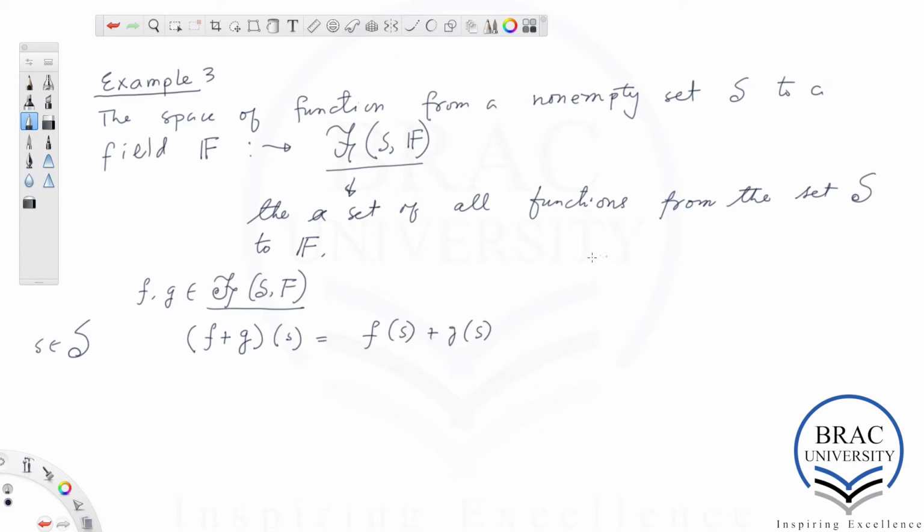Remember that f and g are functions from the non-empty set S to the ground field F. Therefore, both f of s and g of s belong to the field F. So this addition is again in F.